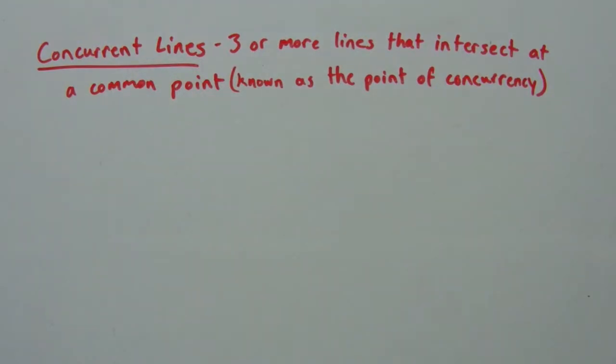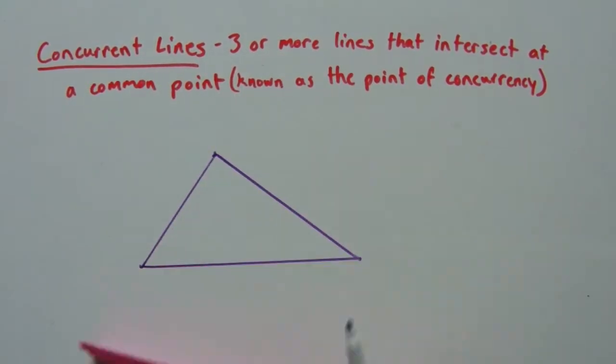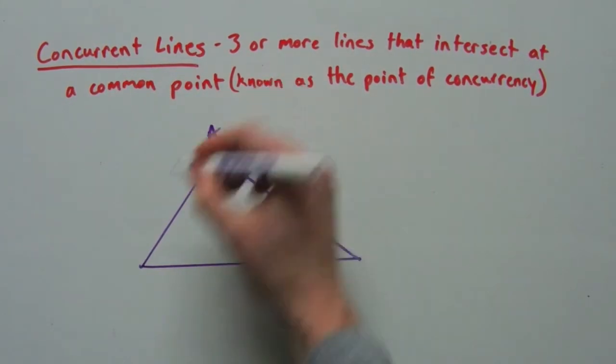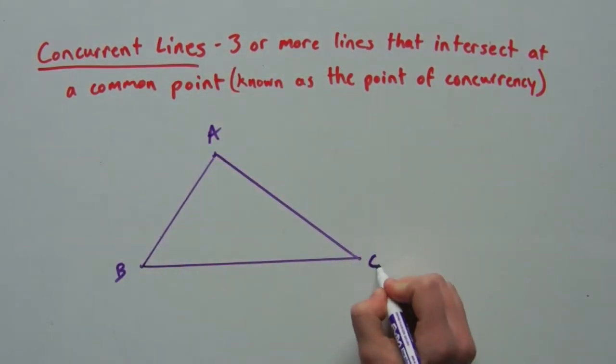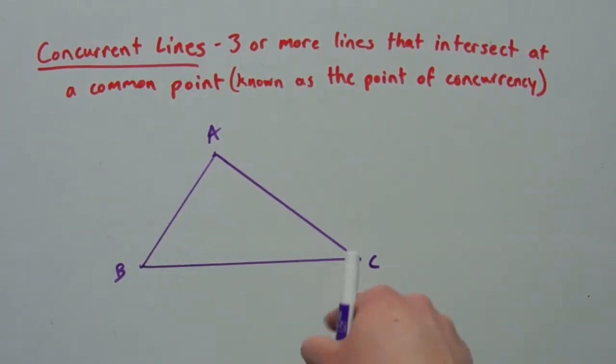Let's think about concurrent lines in the form of perpendicular bisectors among triangles. So let's say I have some triangle ABC, and each segment AB, BC, and AC has a perpendicular bisector.